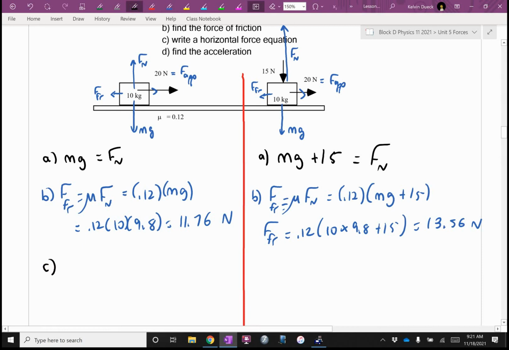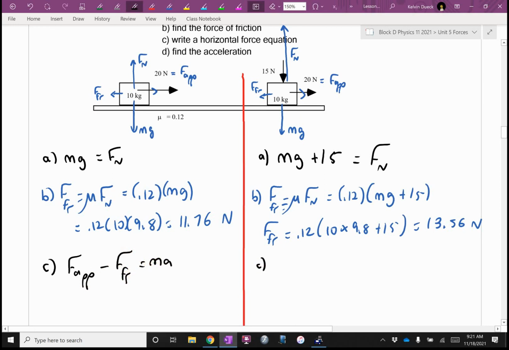What does part C want me to do? What I'm really looking for, who's winning? So let's look at this first situation. Who's winning? I think F applied. Who's losing? What does winner minus loser always equal? What about on the right-hand side?